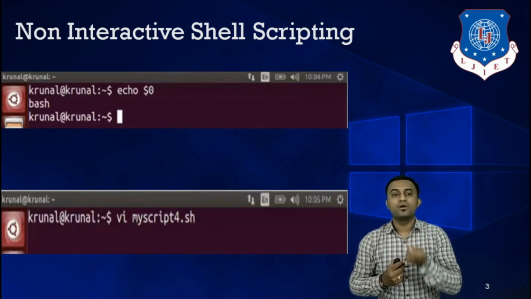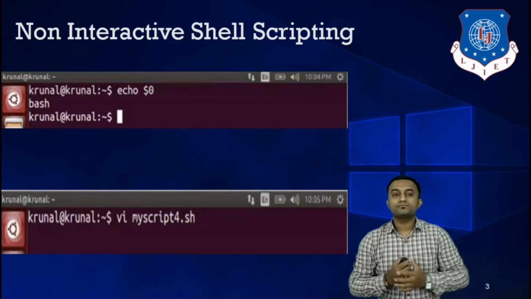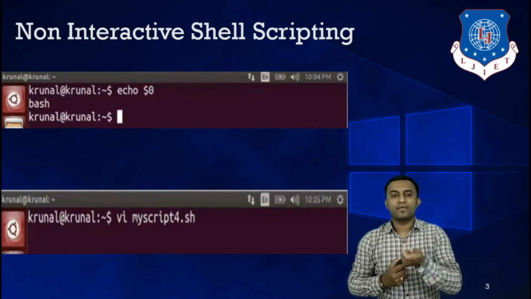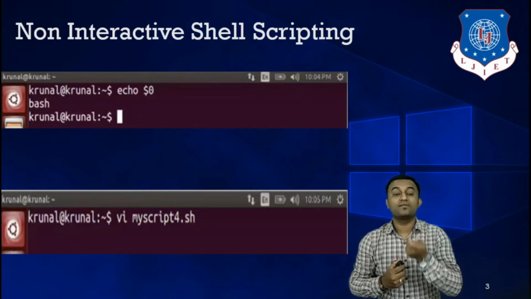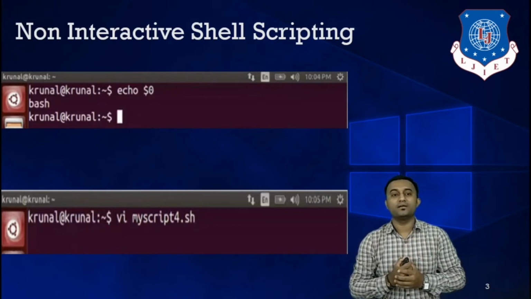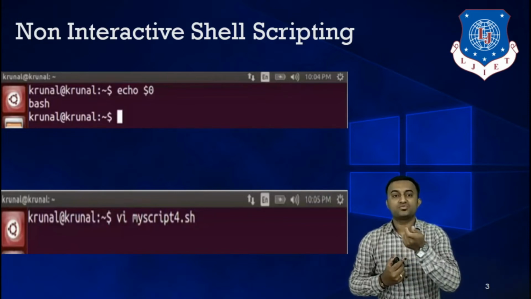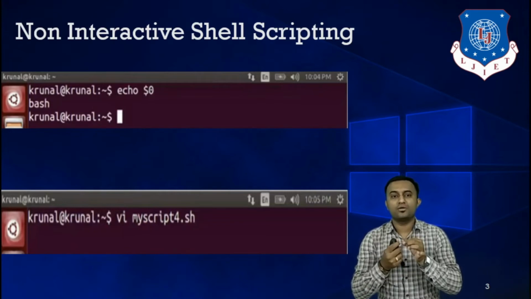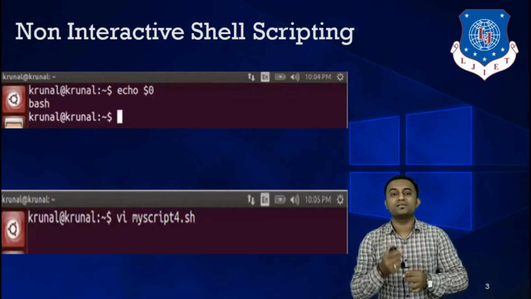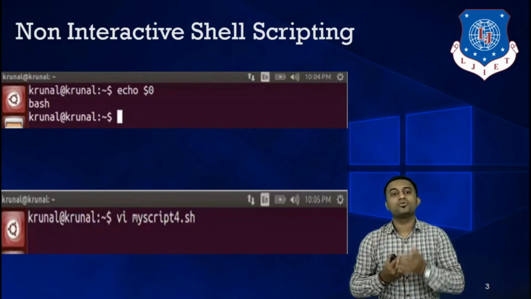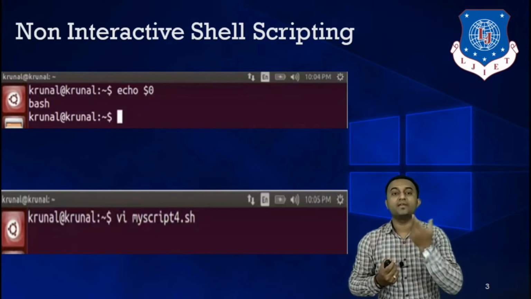Vi stands for visual editor. It is a popular, very widely used editor in the Unix operating system. So vi space means by using which editor you need to write this script. We are using the vi editor right now.